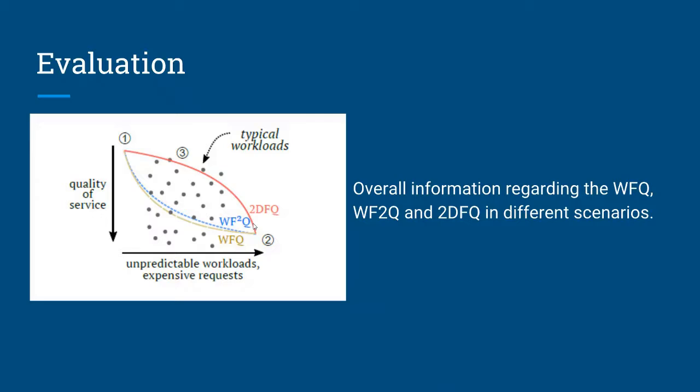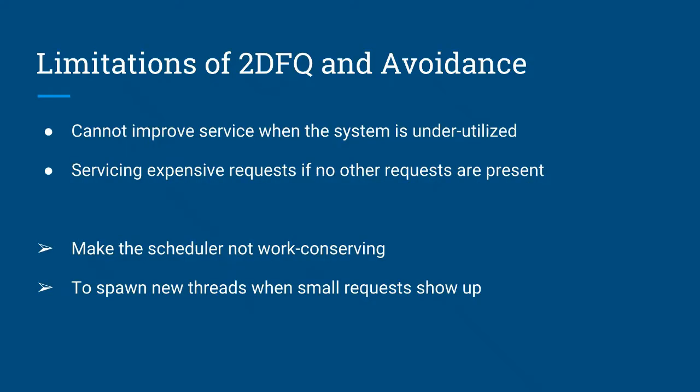But 2DFQ does not deteriorate as rapidly as WFQ and WF square Q do, and they have used a pessimistic estimation strategy to take advantage of 2DFQ's cost-based partitioning. But WFQ and WF square Q lack this cost-based partitioning, and this is the overall information regarding WFQ, WF square Q and 2DFQ in different scenarios.